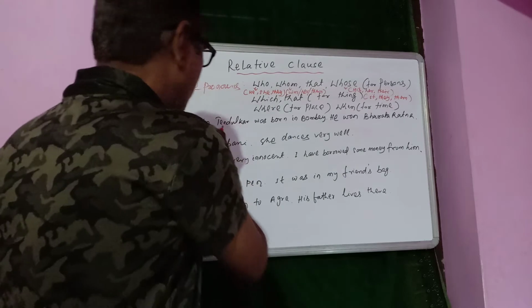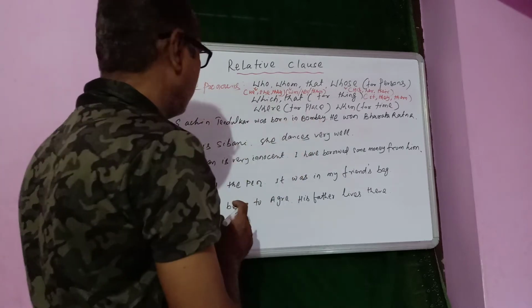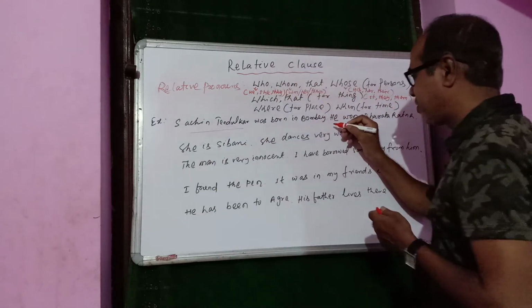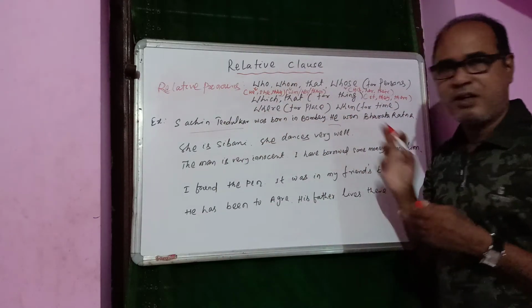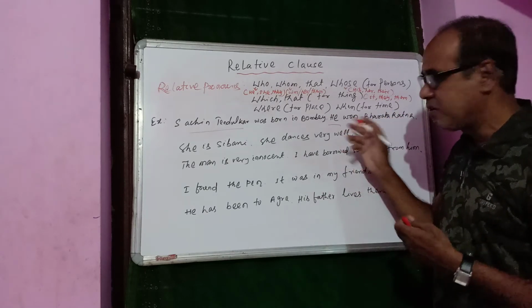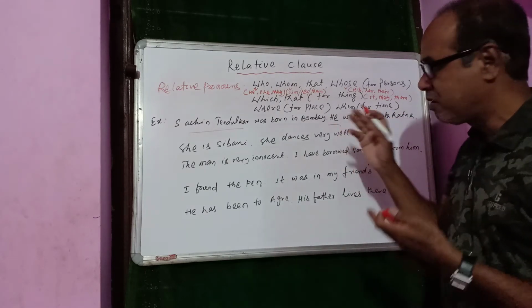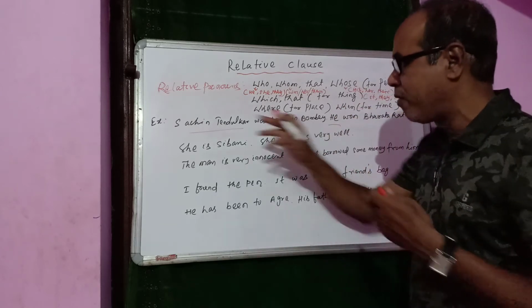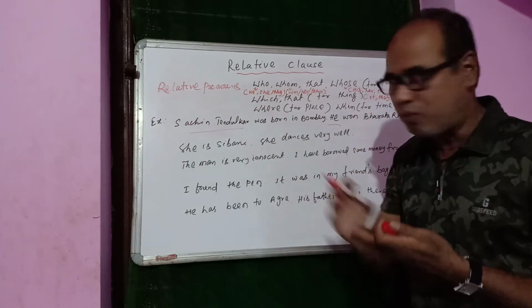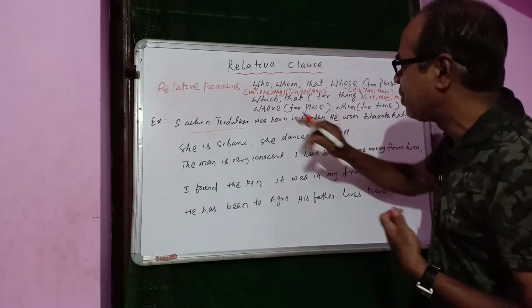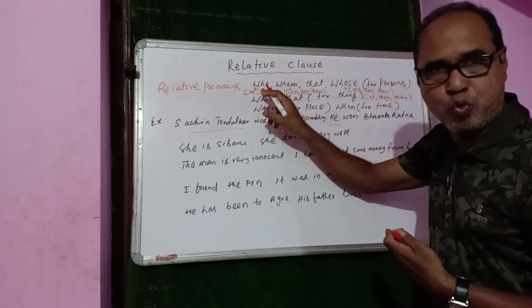You see, Sachin Tendulkar was born in Mumbai. Here, Sachin Tendulkar is "he" in the second sentence. He is the subject, he is a pronoun. It is used for the noun phrase, for the noun Sachin Tendulkar. Here, for he, we can use who.